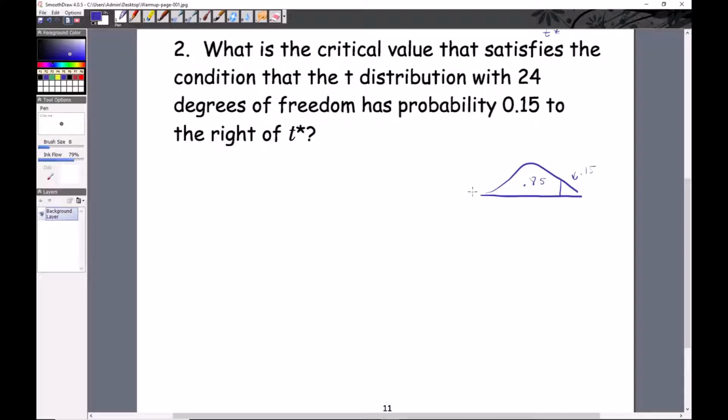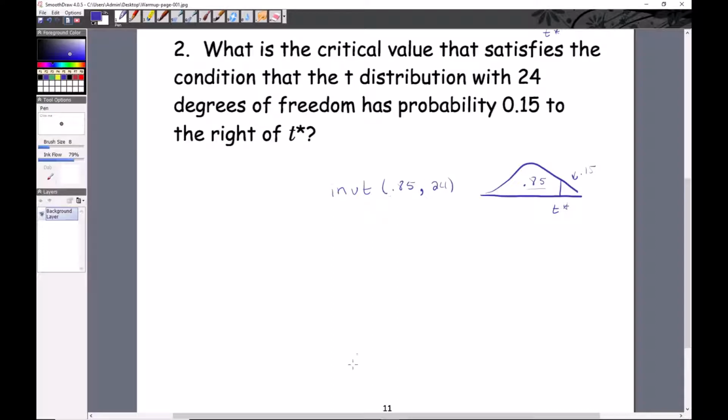And since you're going from left to right, when you set up your inverse T, that's the number you need, the 0.85. This is to figure out this T star value. So inverse T, and that will be 0.85 for the left tail probability, and we had 24 degrees of freedom.